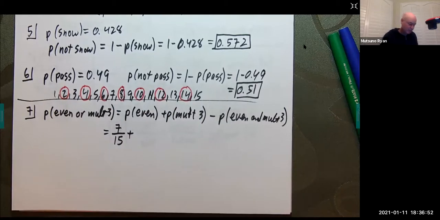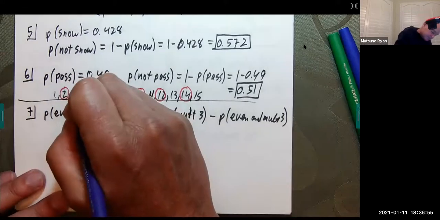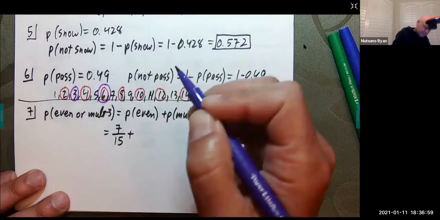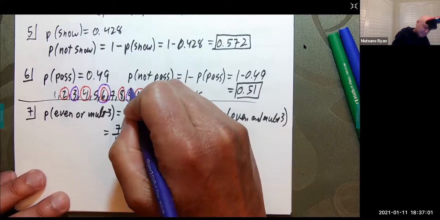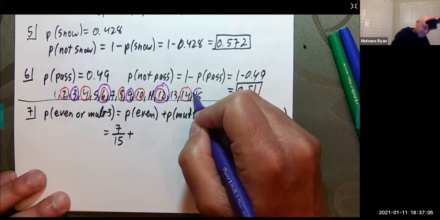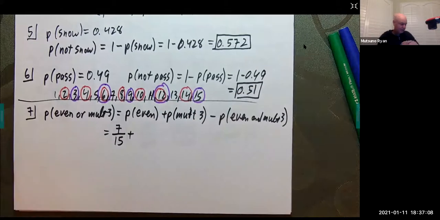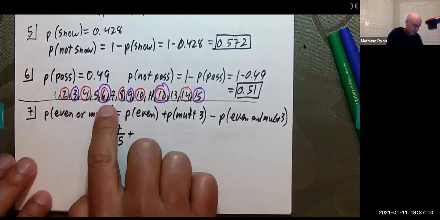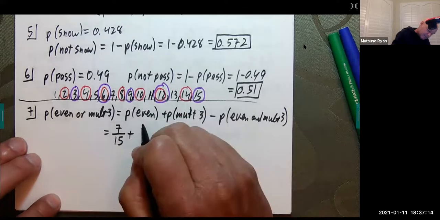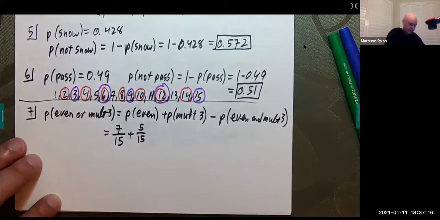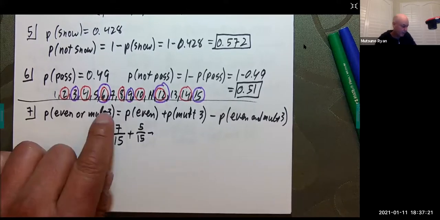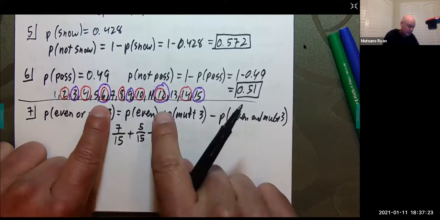Now I'm going to count up the multiples of 3. How many purples are there? 1, 2, 3, 4, 5 of them. However, you can see that we've double counted a couple of them. In fact, how many have both a red and a purple circle? There are 2 of them.